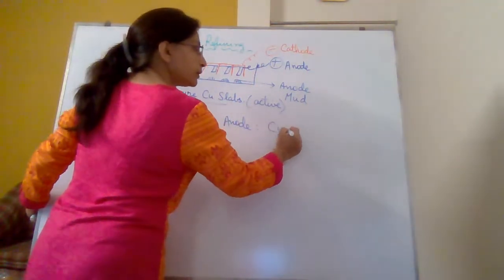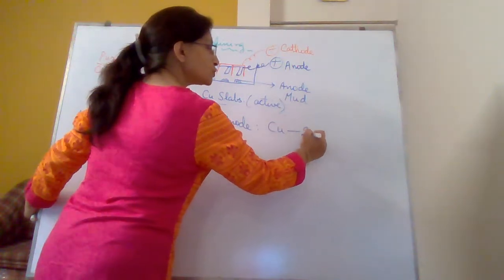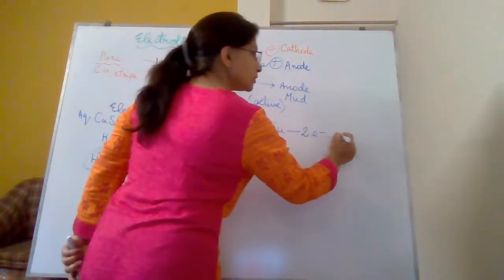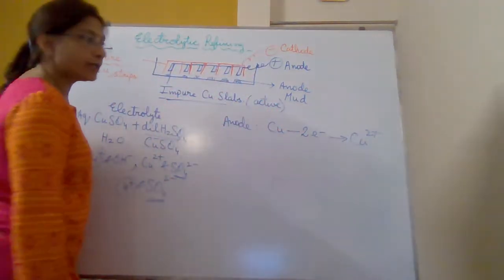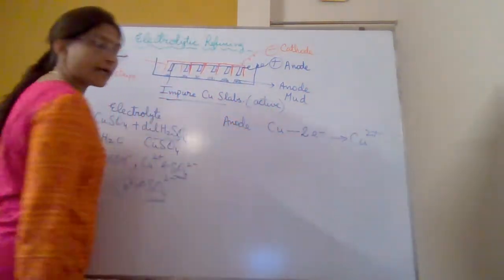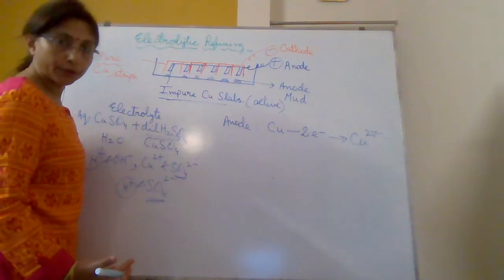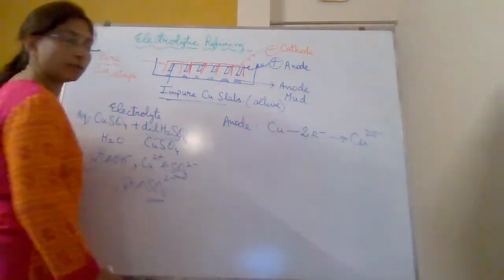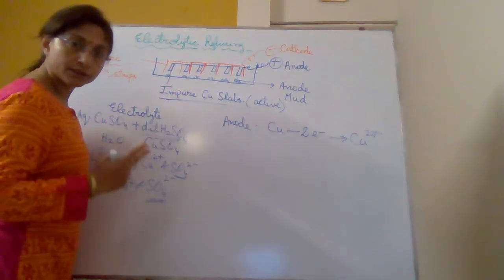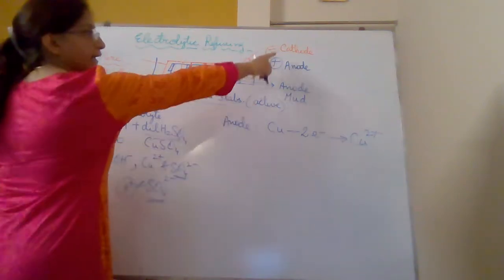The copper will produce copper cations, Cu becomes Cu2+ plus 2 electrons. Obviously these copper cations are of pure copper. We know the three steps: these copper ions will migrate, discharge and deposit at the cathode.